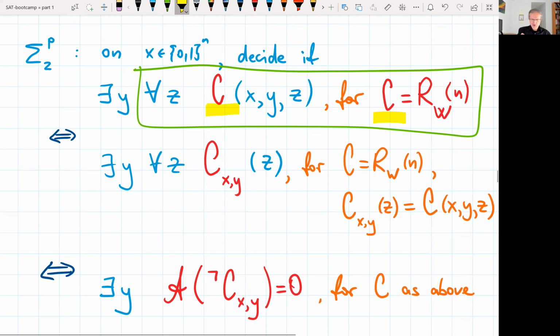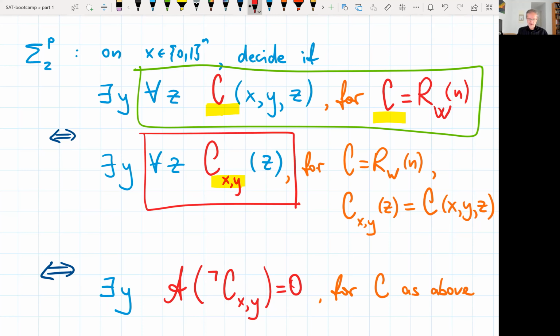To make it a bit nicer, I will take x, y, which I'm now taking as input variables, and hardwire them into my circuit C, so that my circuit C now depends only on z as the variables. And now when I look at this portion of my formula, what does it remind me of? It's for all z, C of z for some circuit C. And this is like a tautology question. It's exactly the circuit tautology question.